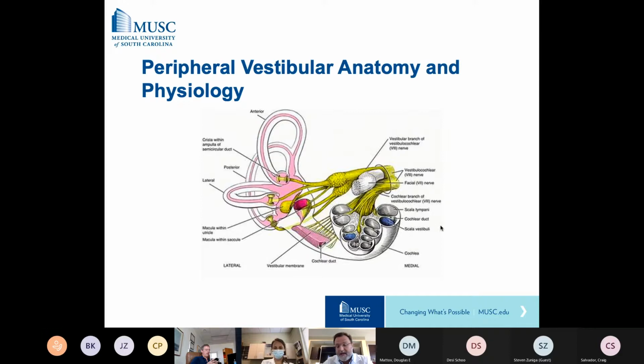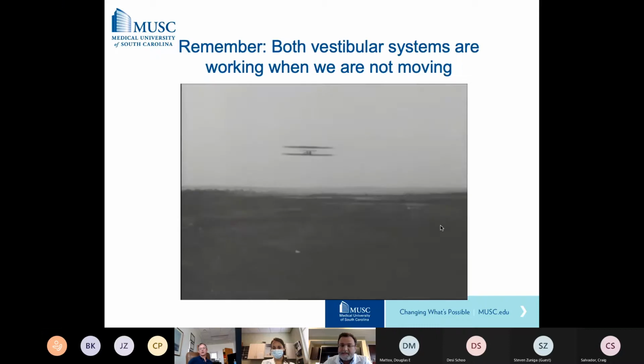Interestingly, the vascularization of the vestibular system also follows the same pathway. You have the labyrinthine artery that gives the anterior vestibular artery that follows the superior vestibular nerve. Then you have the common cochlear artery that divides into the posterior vestibular artery that follows the inferior vestibular nerve, and the cochlear artery proper that goes into the modiolus.